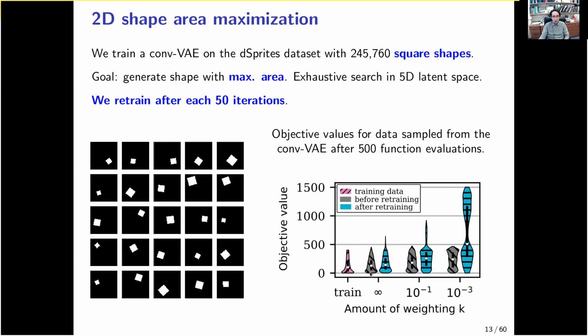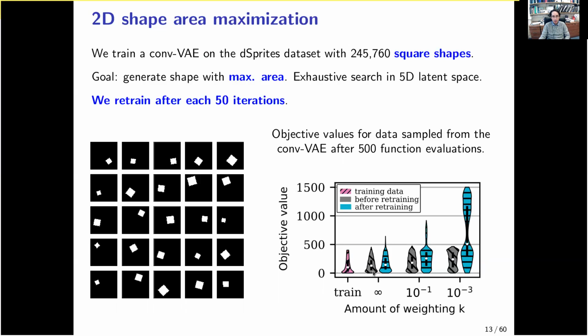This is in gray here, the distribution of objective values for the data generated from the original deep generative model without weighting the data. And we see that it has a similar shape as the distribution of the training data. These are, by the way, violin plots, so they plot the distribution along the y-axis. We then consider different degrees of weighting.